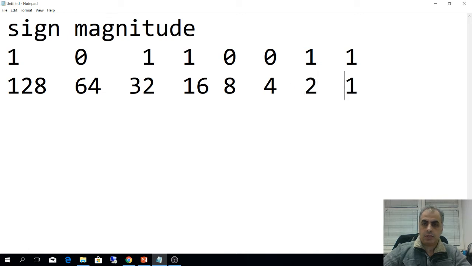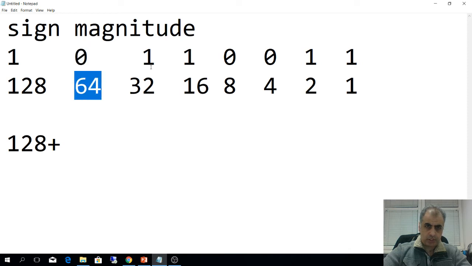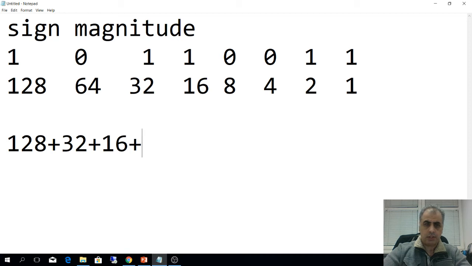These are the position values of the bits, and as a result: 1 times 128 is 128, plus 0 times 64 is 0. 1 times 32 is 32, plus 1 times 16 is 16, plus 0 times 8 is 0. 0 times 4 is 0. 1 times 2 is 2, plus 1 times 1 is 1.